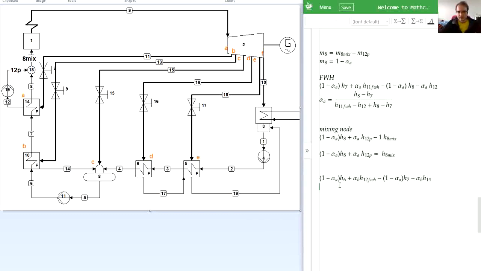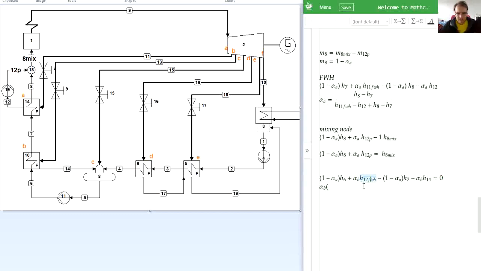So we can get that alpha B, and this of course equals 0.